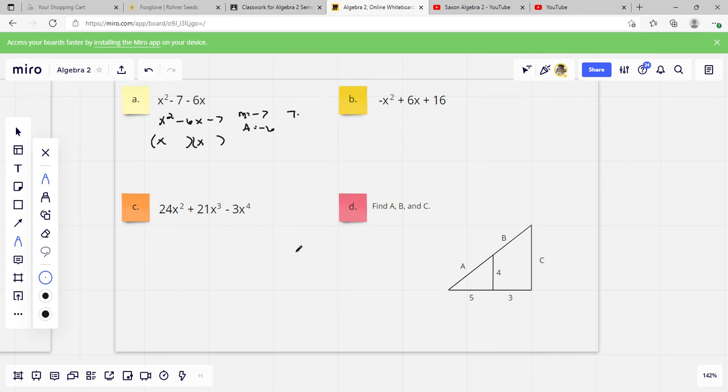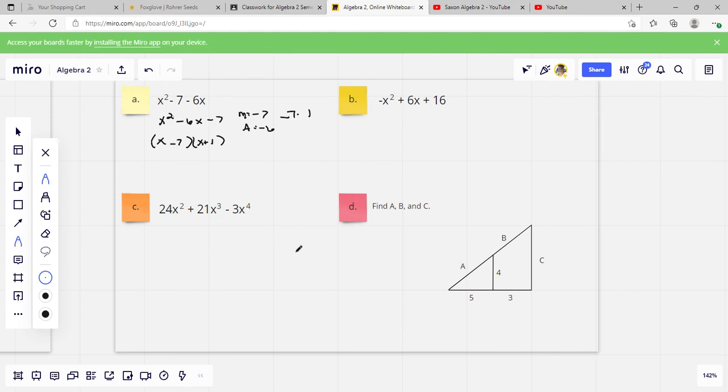If I did 7 times 1 and I had negative 7 and positive 1, that would make, yep, that's it. If it was negative 7, positive 1, I'm going to get negative 6 when I add those and negative 7 when I multiply those. So that's the answer to A, x minus 7, x plus 1.